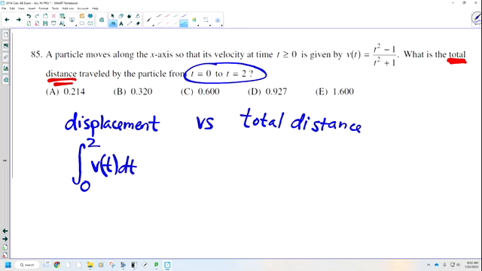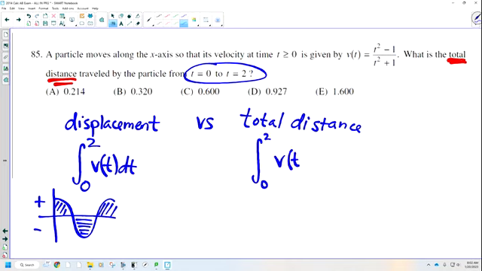If I had a graph, anything above the x-axis, this area and this area, is considered a positive value. Anything below is considered a negative value, so I would have to subtract and add there. Total distance is the same thing: I'm integrating from 0 to 2 of v of t dt.